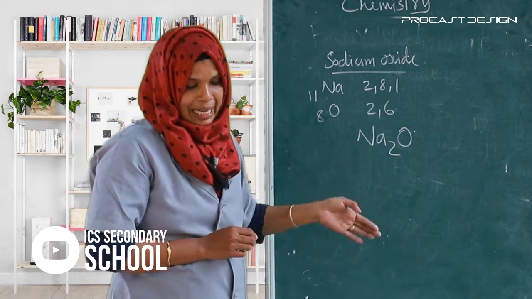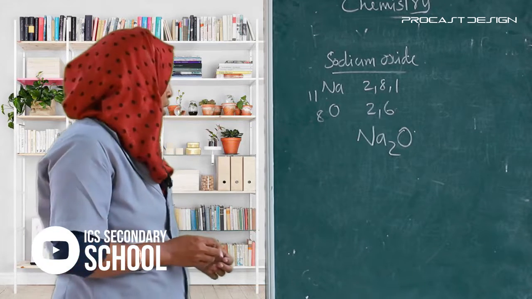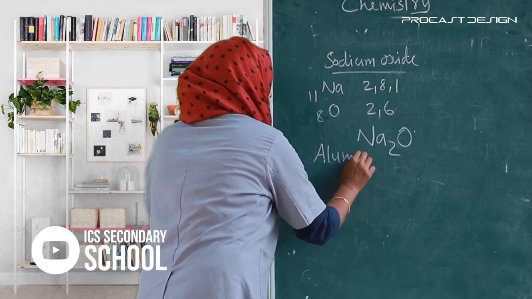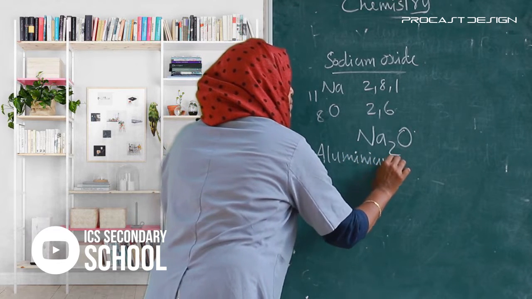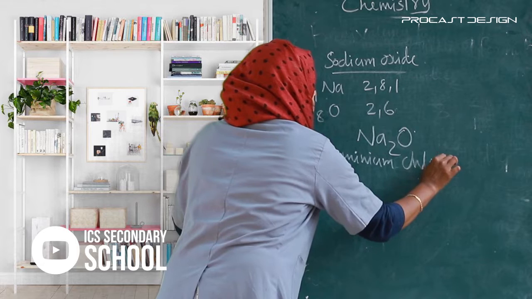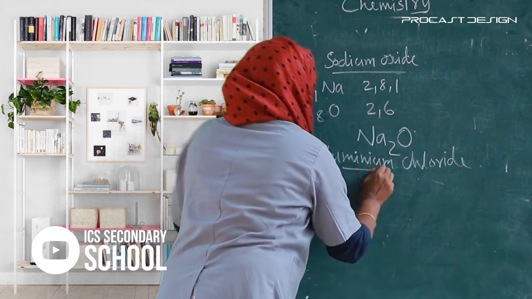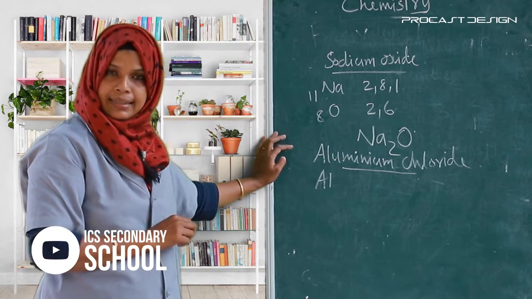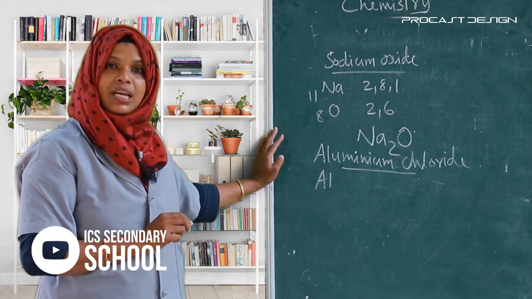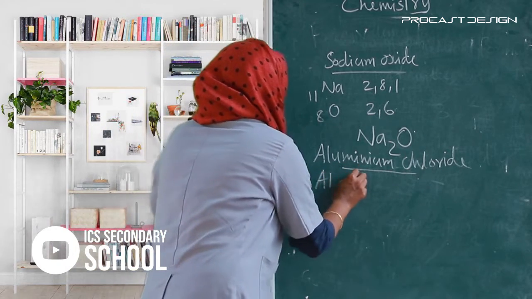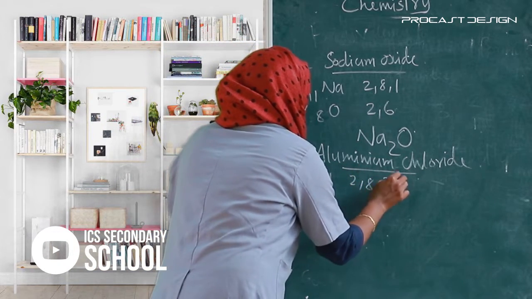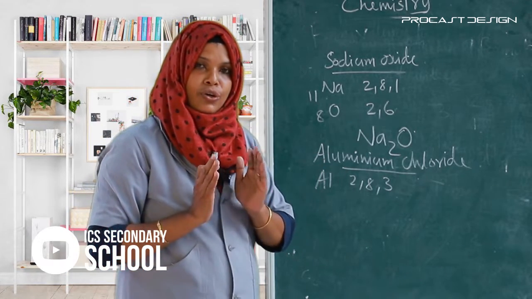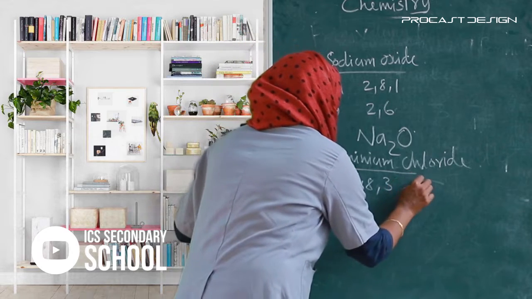Next one is aluminum chloride. Symbol Al, atomic number 13 and electronic configuration 2, 8, 3, and its valency, the number of electrons shared or donated, is 3.